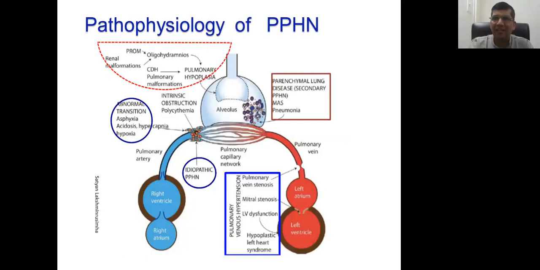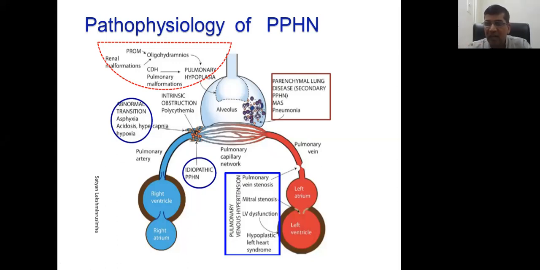If you understand that, then we know that we have problems because of these antenatal factors like low liquor, renal problems leading to severe oligohydramnios, water stasis, and pulmonary hypoplasia. These factors lead to pulmonary hypertension. Or we have the transitional factors which lead to raised pulmonary artery pressure.